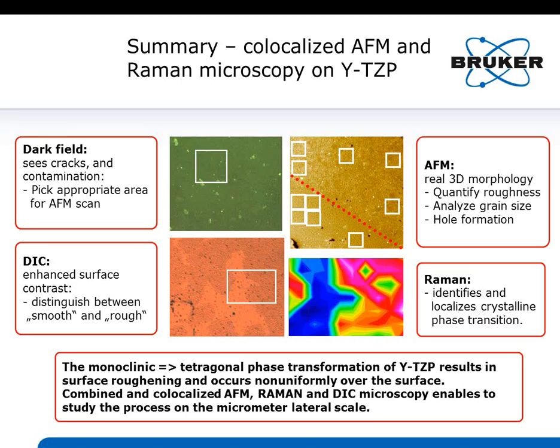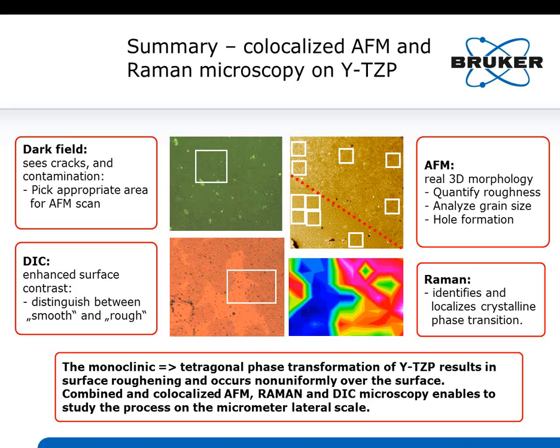Again, if you go back to the original mode that I showed you on the instrument, in the dark field you can pick an appropriate area for the AFM scan. You see the overall shape of the sample. You get, of course, enhanced surface contrast the moment you kick in the differential interference option.